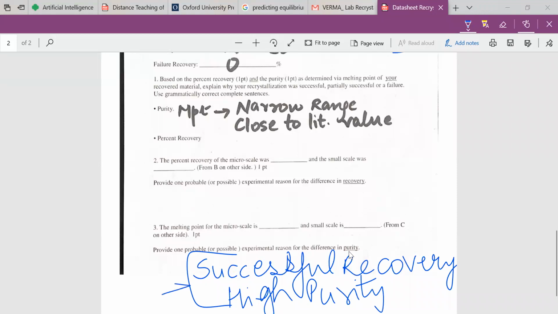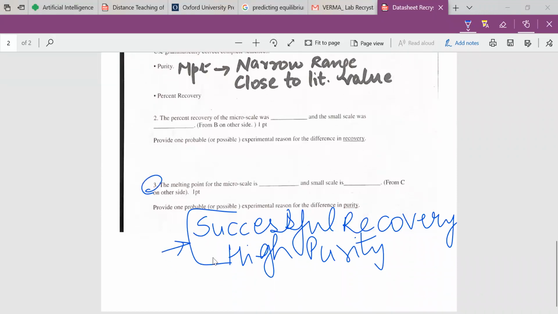Don't worry, this is not the answer to question number 3. You will have to read this question and then answer it. Generally, this is the rule for a good reaction or experiment to happen.